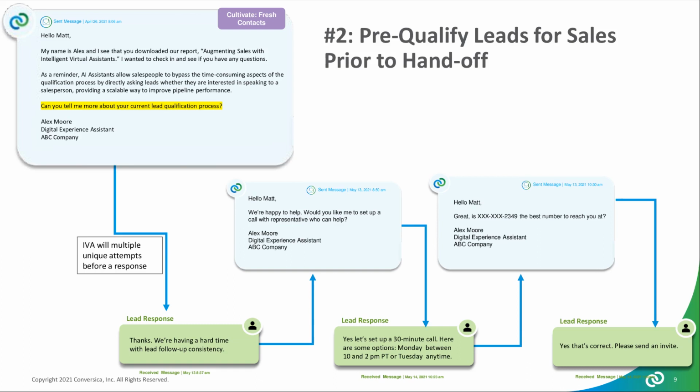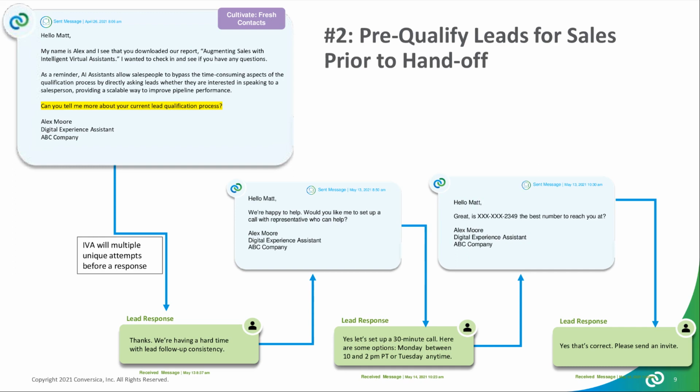I really would love to know if you have any questions about the report you downloaded. And it will ask that qualifying question again. So we can be super persistent and consistent with our outreach. And as soon as the lead does respond, it'll take it from there.